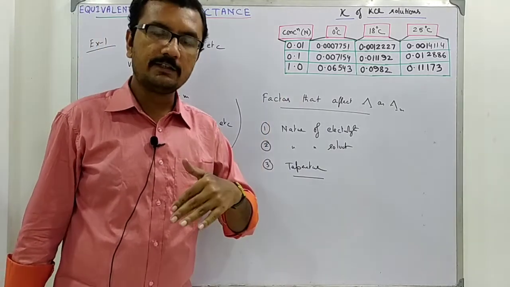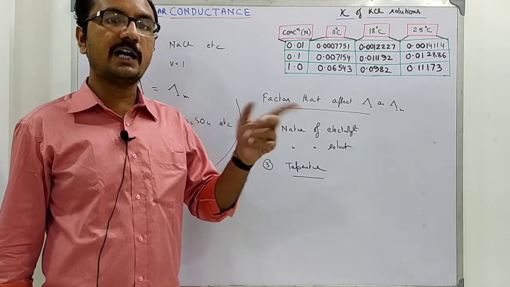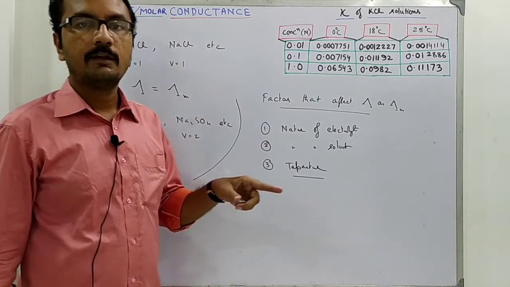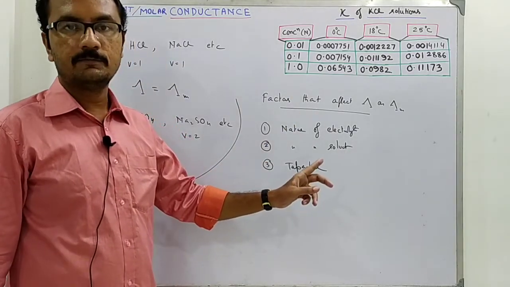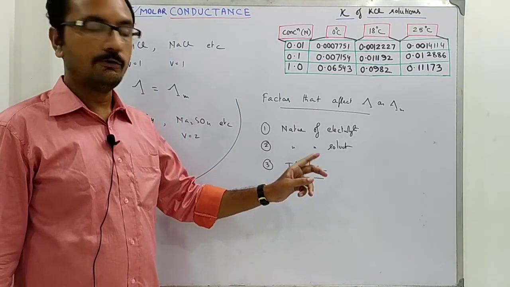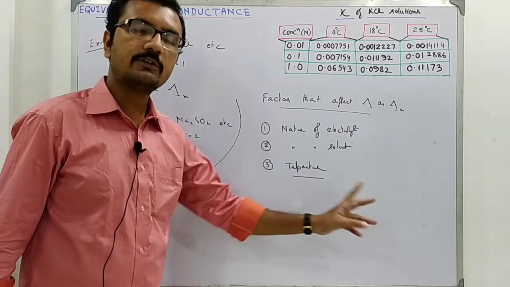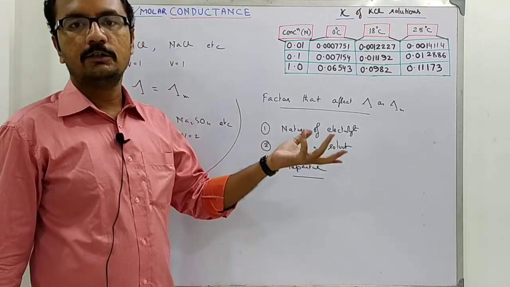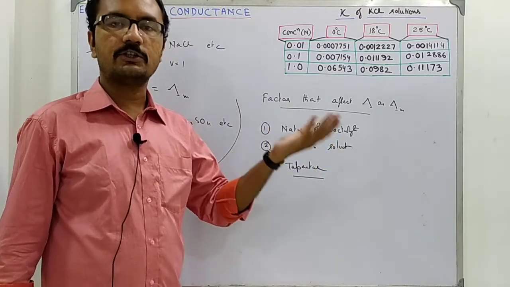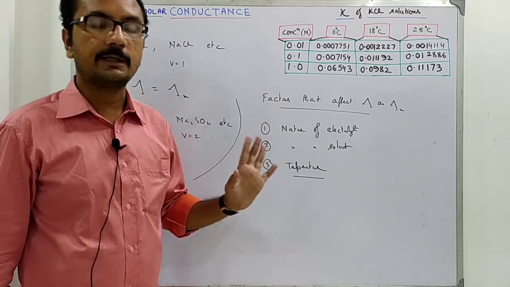In the previous lecture, we were thinking that concentration is going to change the number of ions, but in this case the number of ions are fixed. So, whatever concentration you take, it may be 0.1 normal or 1.0 normal or 0.5 normal, the number of ions will remain the same.